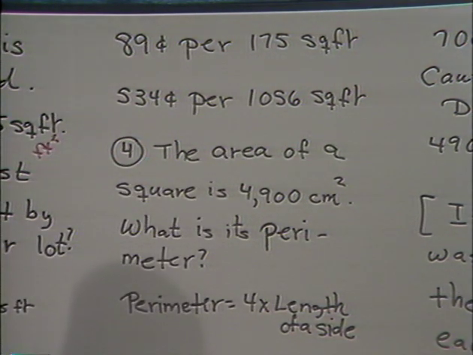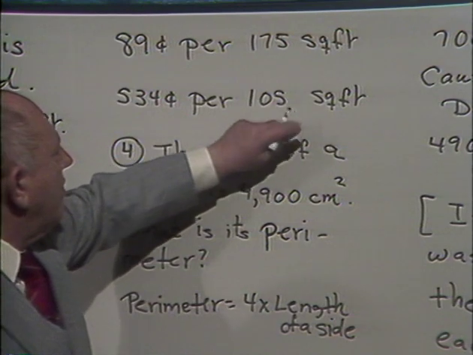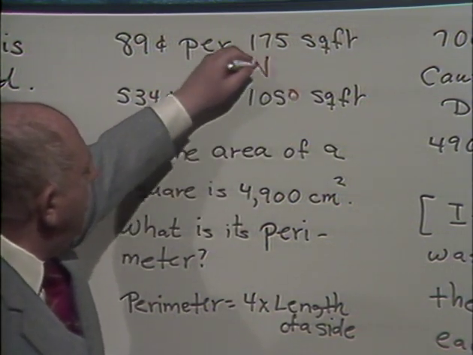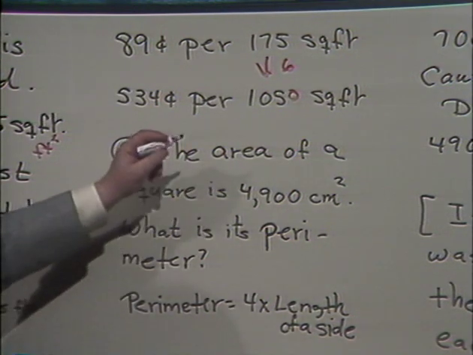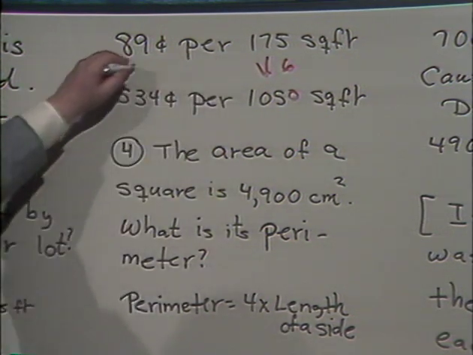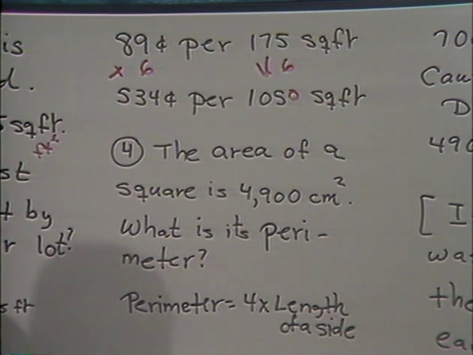And then what you're going to say is, I think I just copied something wrong over here. Then what you're going to say is that since 175 goes into 1,050 6 times, if I multiply this side by 6, I multiply this side by 6, and that gives me the same $5.34 I would have got the other way.